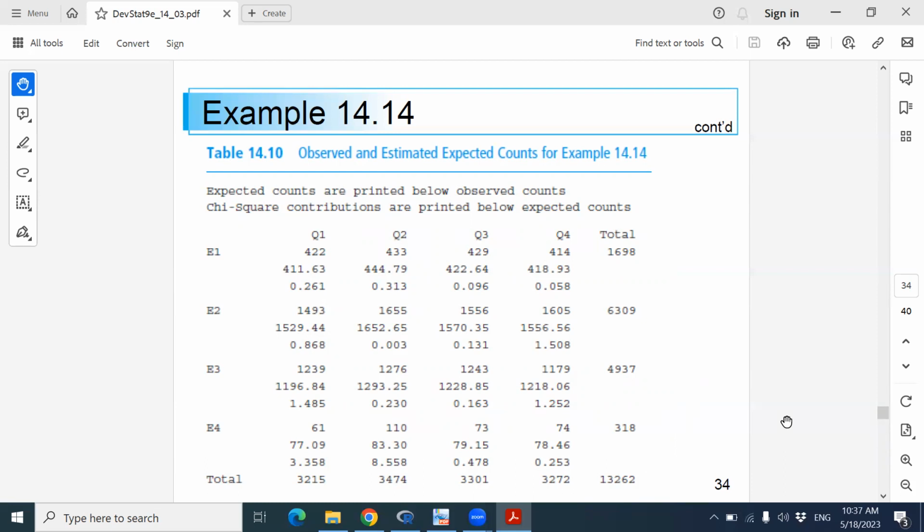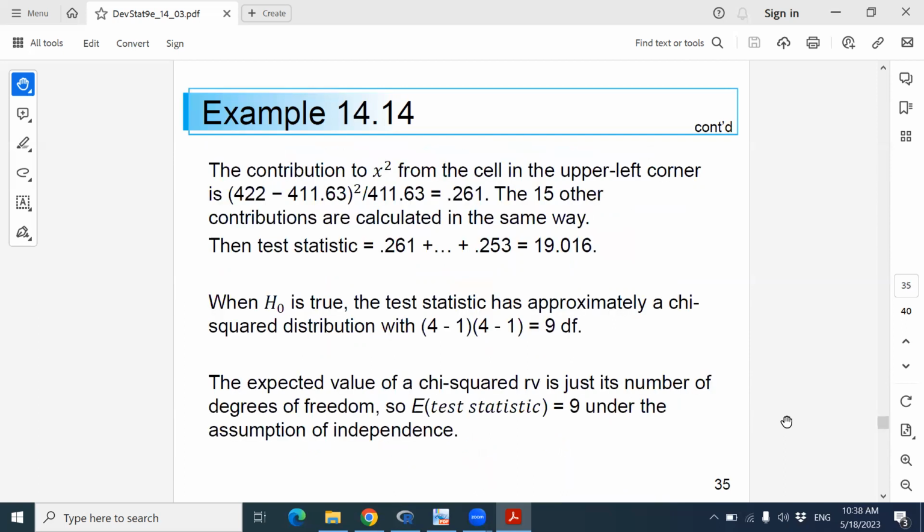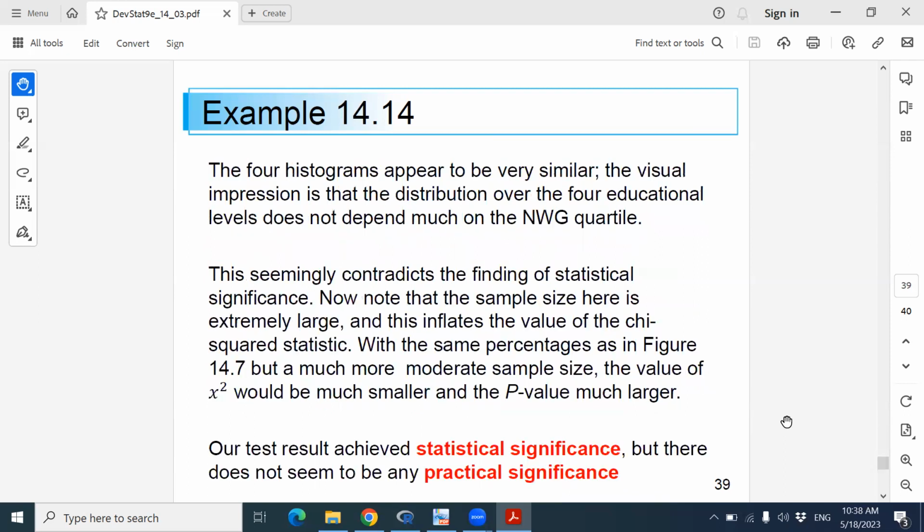So as a result, when you find a very significant result in the presence of a large sample size, you would want to double check whether the detected significant result from a statistical test is practically big enough for you to use. Like this one, it would be practically insignificant.